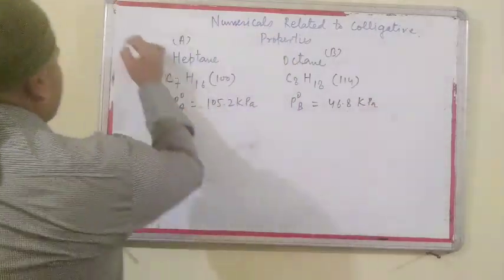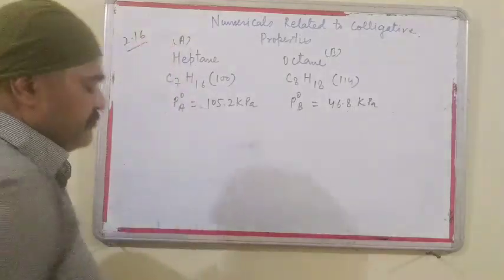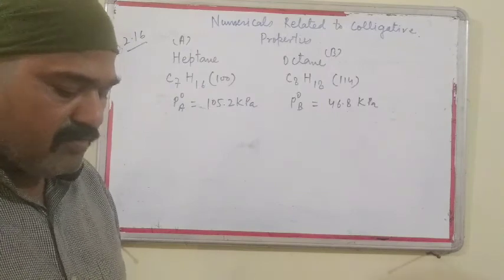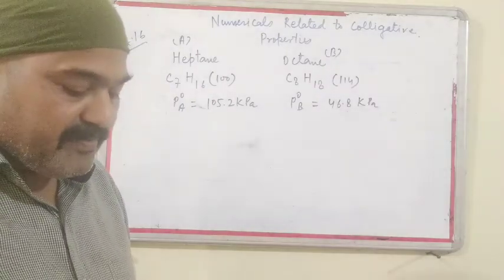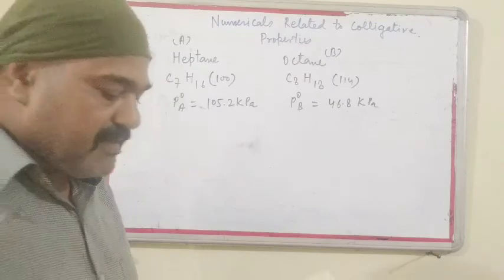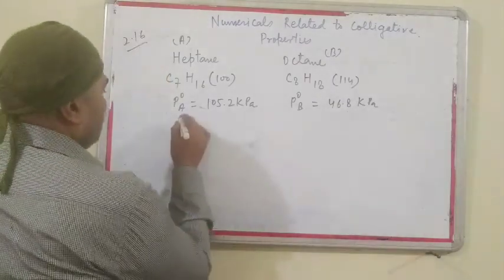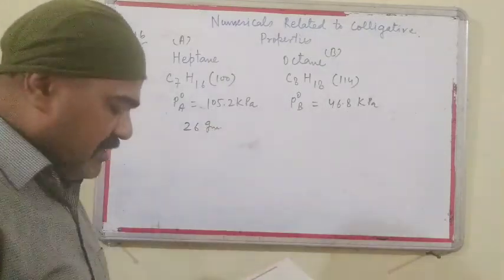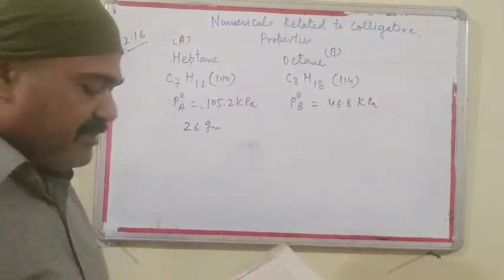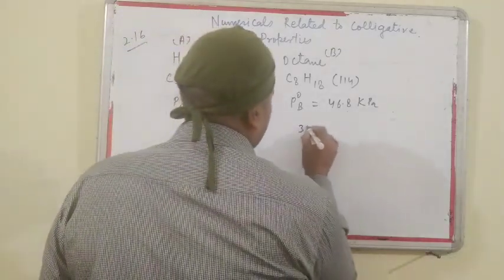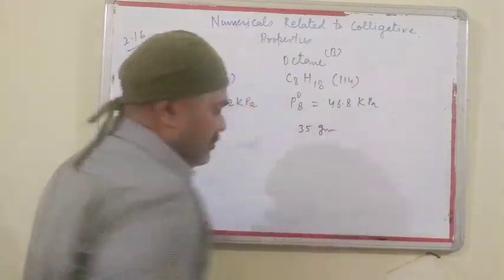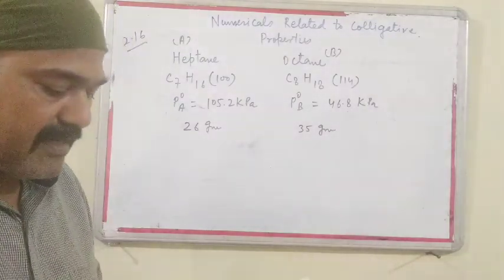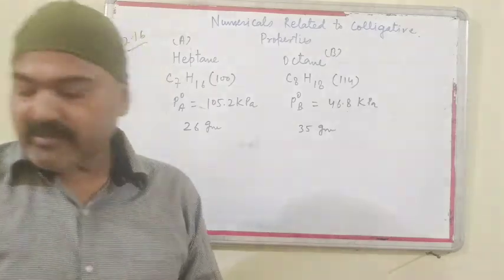This is question number 2.16. Now the mixture is prepared by taking 26 gram of heptane and 35 gram of octane. Now we have to find out the vapor pressure of the mixture.